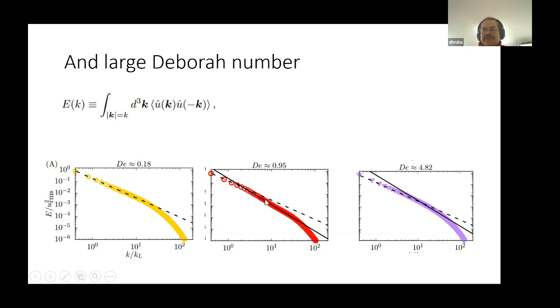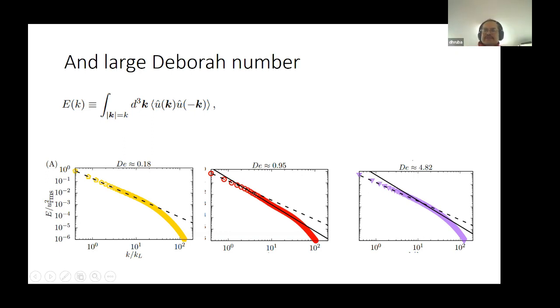At much larger Fourier mode, it goes over to something else. This is at Deborah number of 1. And once you go over to very large Deborah number, you see the system has gone back to Kolmogorov behavior. There is still a small range of scaling, which is not Kolmogorov-like, but largely it is Kolmogorov behavior.